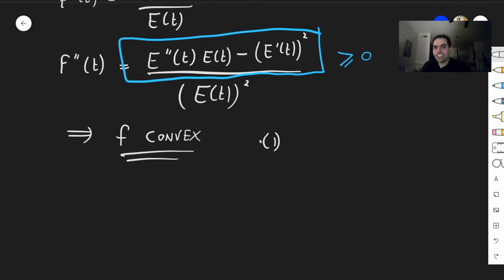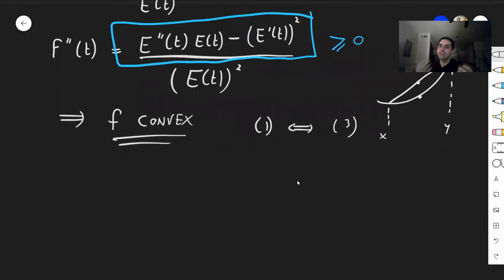And now what we would like to use is the secant definition of convexity, namely that f is below any of its secant lines. So this is, let's say, x, and this is y. Okay, so again, f of (1 minus t)x plus ty is less than or equal to (1 minus t) f of x plus t f of y. But now the question is, what are x and y?